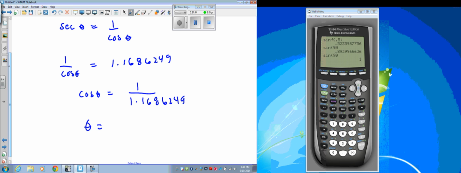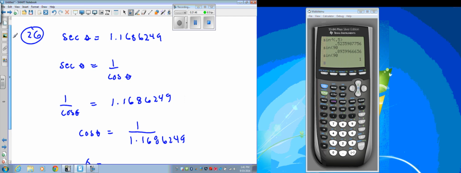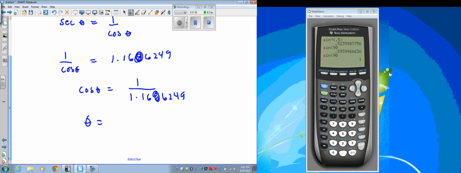This is supposed to be a 0, not 8, so this is a 0. So then theta is cosine inverse of 1 over 1.1606249.